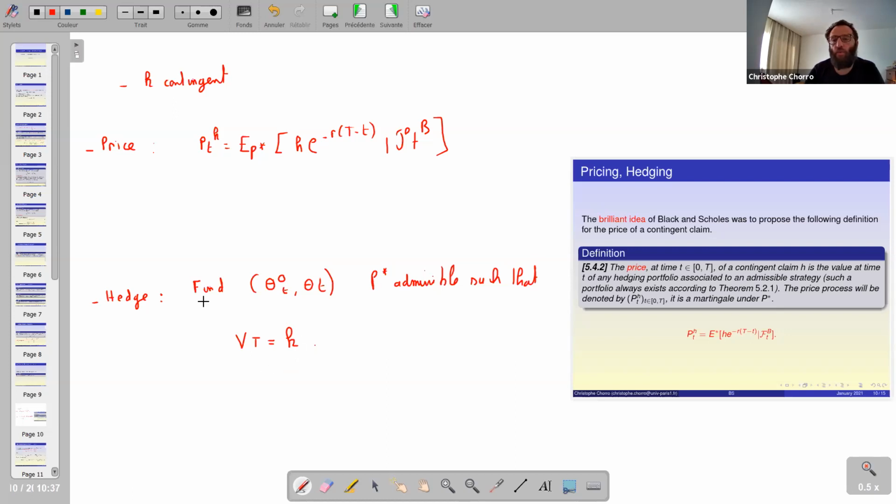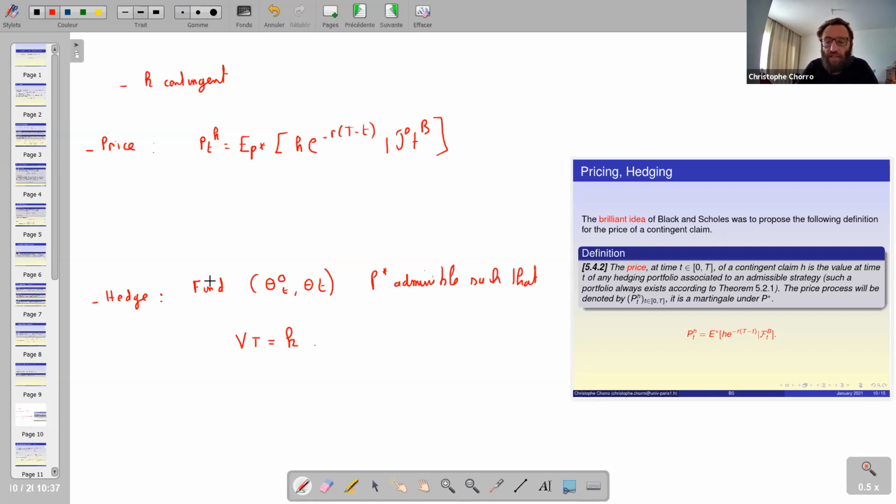That is exactly what I want to deliver if I am the seller of a European type option, represented by a contingent claim. So if I have this price and this strategy explicit, I answer perfectly in the Black-Scholes model the question of pricing and the question of hedging.